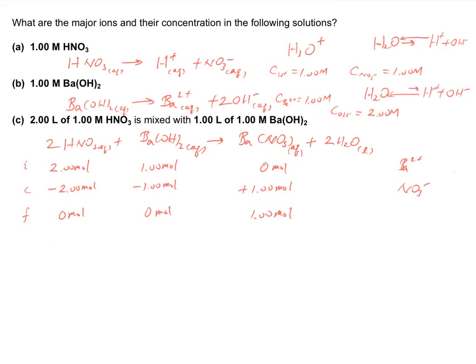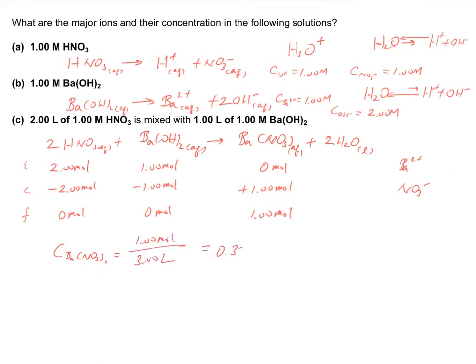will be the mole number of each species over the volume. 2 liters plus 1 liter is 3 liters. So let's do it. We can see the concentration of barium nitrate is 1.00 mole over 3.00 liters.